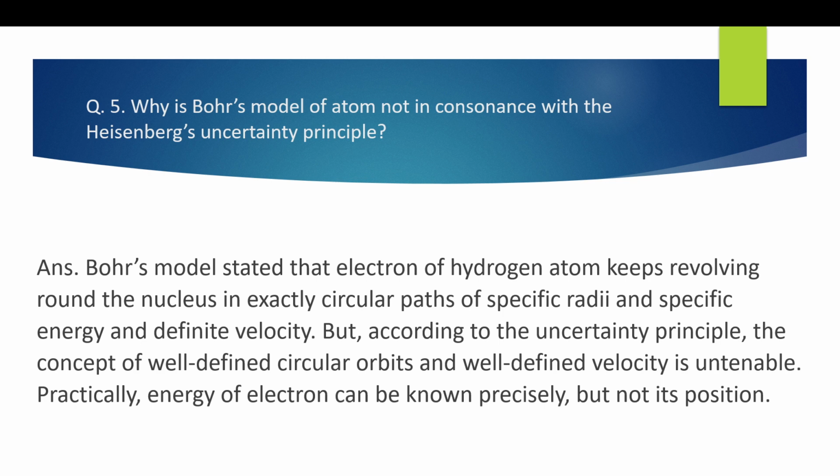Heisenberg principle deviates from this concept. For very small particles, the theory of uncertainty is applicable. So for electron, we cannot measure energy and velocity and position simultaneously. There will be uncertainty. So in that respect, Bohr's model is not in consonance with Heisenberg's model.